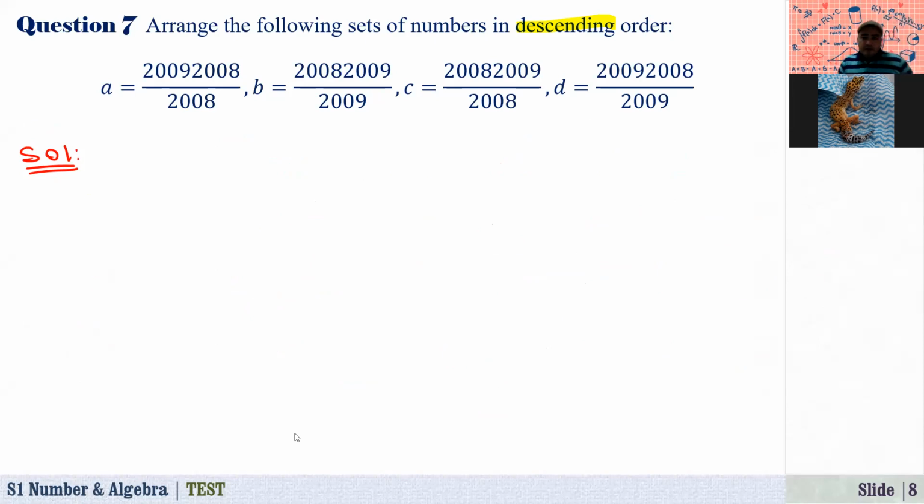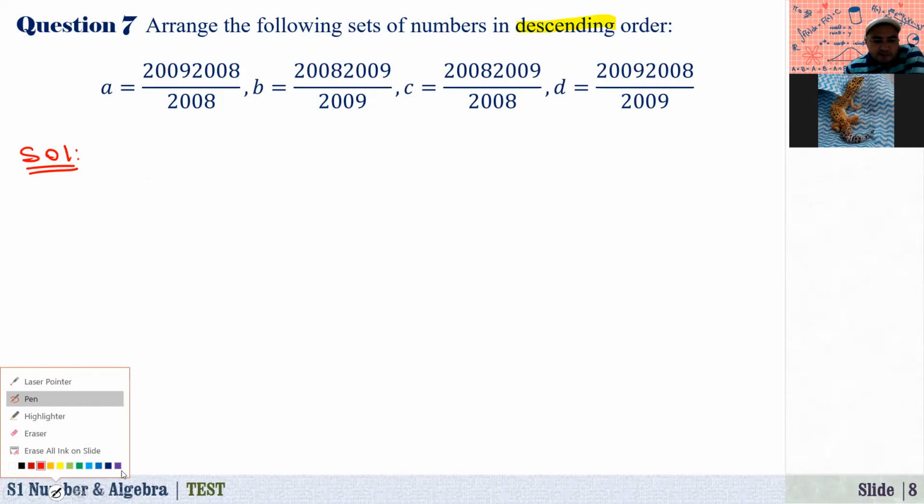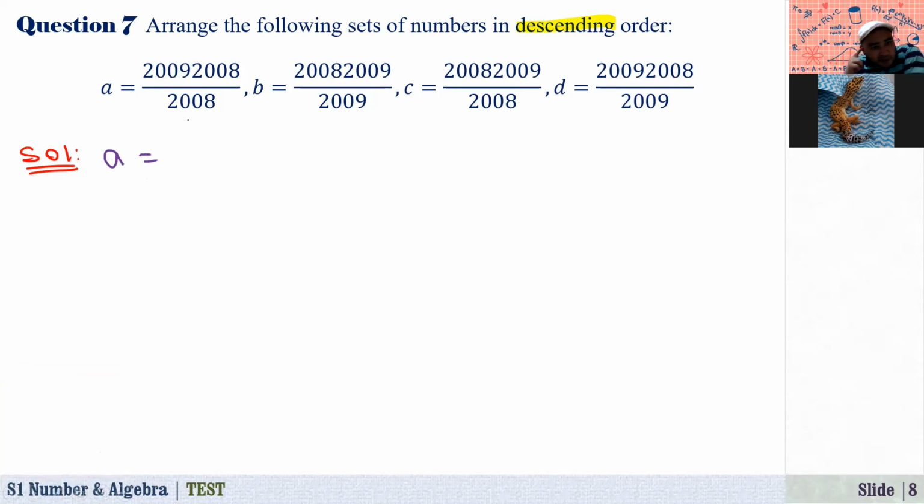All right, A is the greatest, but now I have another idea. I think that will be much easier. I'm just going to write everything as a sum of a whole number and a fraction. Then we can compare much faster. Let me start with A. The numerator is 2008, 2008 plus, because here we have 9 and 4 digits, 10,000 over 2008.